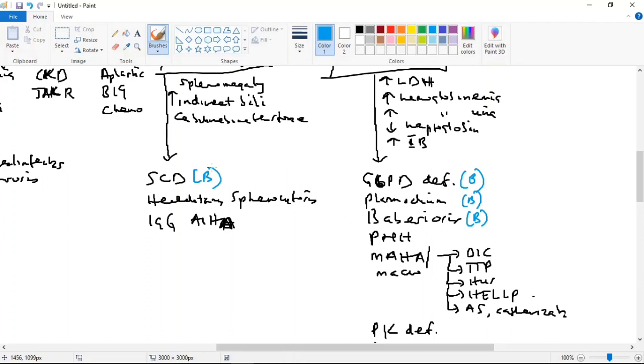And you're also going to see increased MCHC, mean corpuscular hemoglobin concentration. This MCHC is almost equivalent to the chromia, the color of the red blood cell.